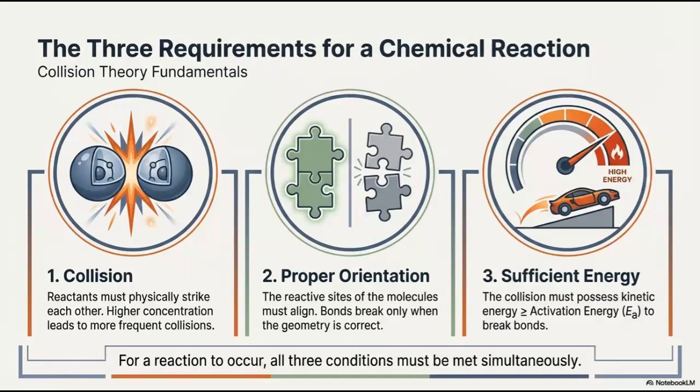The other thing that needs to happen is that, yes, they need to collide, but they need to have the proper orientation. When you have the hydrogen and the oxygen, they have to collide in a specific way for that water to form. When you put a puzzle together, you have pieces that go in specific places because they need to fit the shape of that puzzle piece.